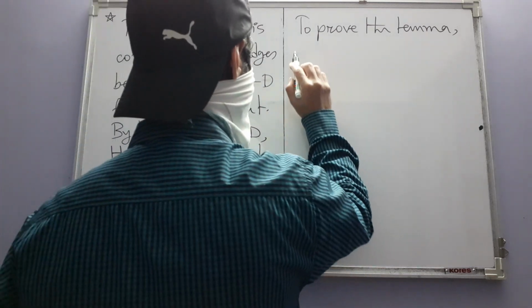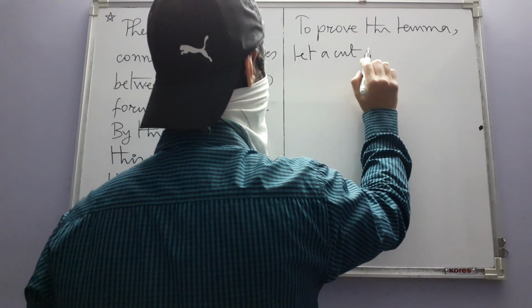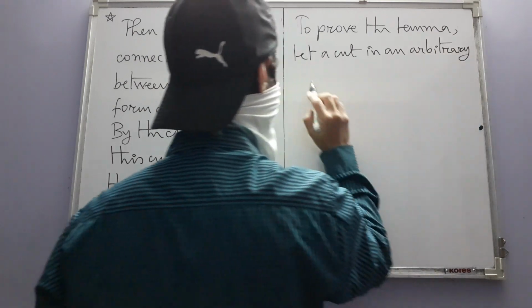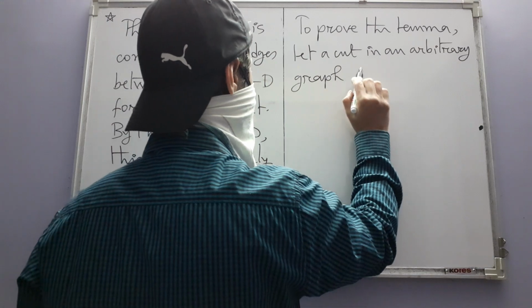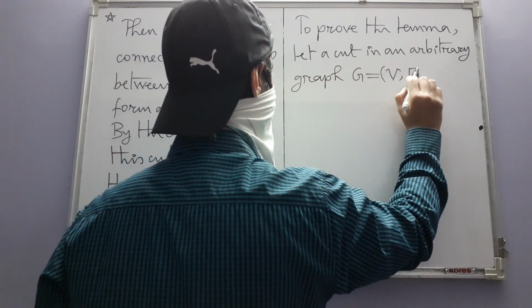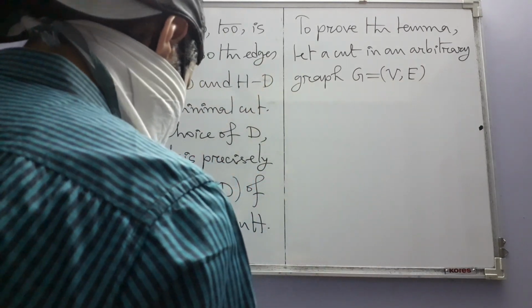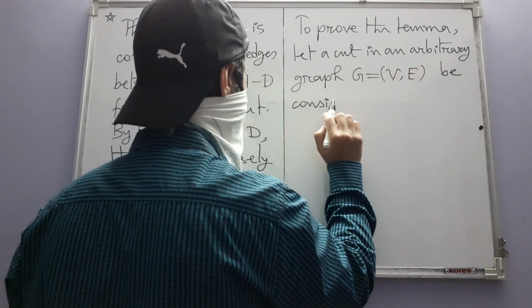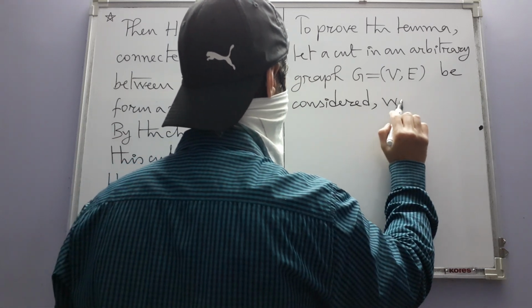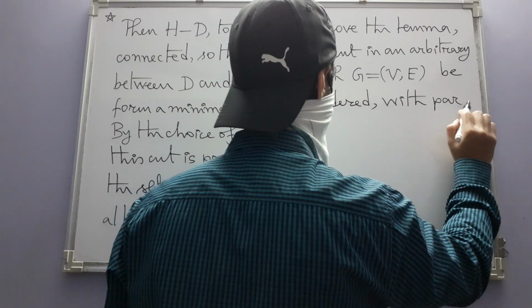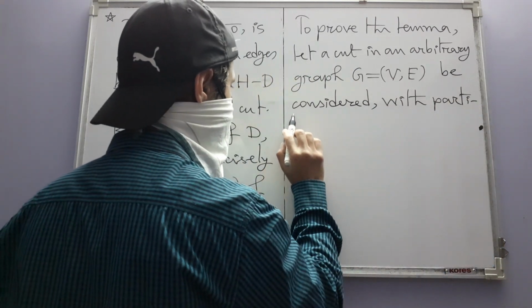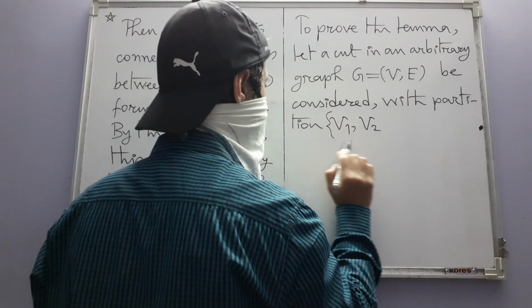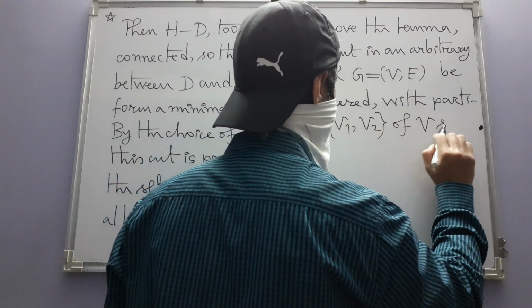Let a cut in an arbitrary graph G = (V, E) be given, with the partition mentioned, V1, V2 of V, say.